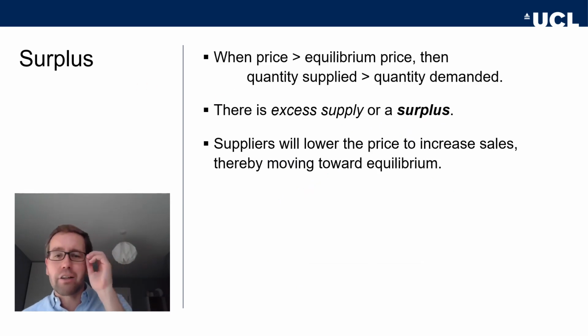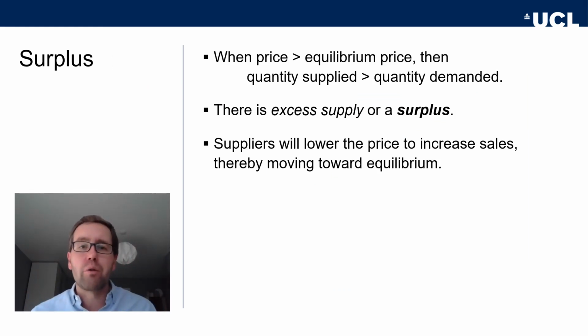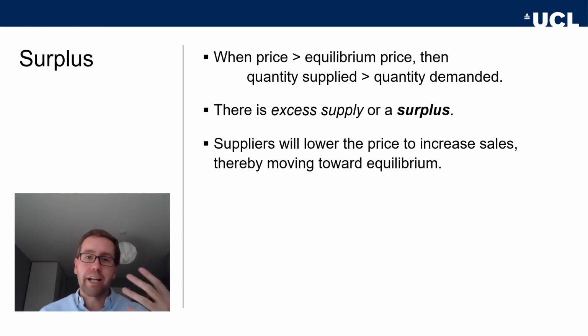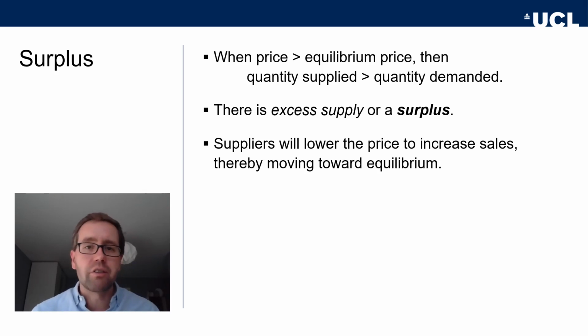Now, when that is the case, suppliers will have to lower the price to increase sales, or they have to exit the market. Suppliers will lower the price to increase sales and move towards equilibrium. They will have sales, for example, or specials, these kinds of things. Or some producers can't keep up because they don't sell enough espressos.